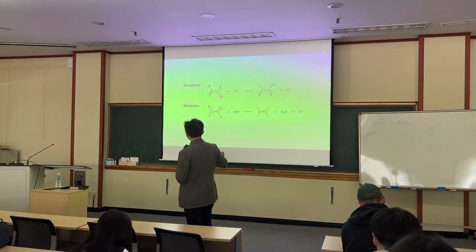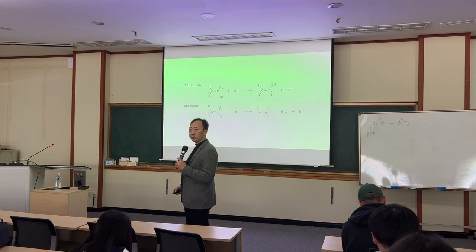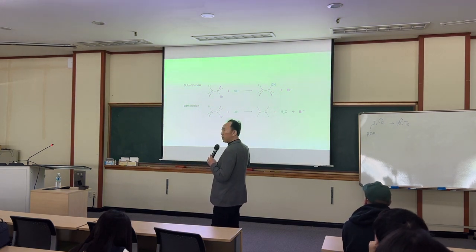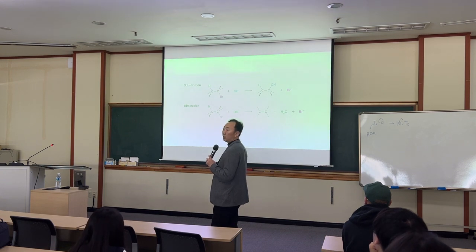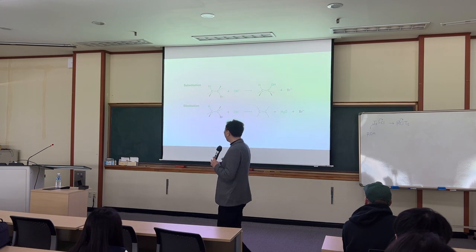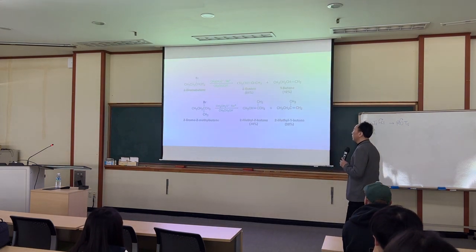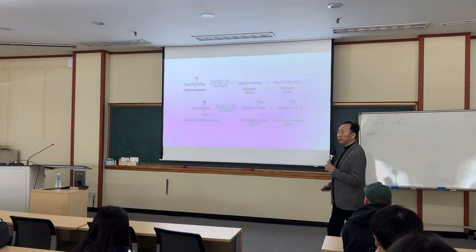If that electron-rich motif attacks here from behind and pushes this out, it's an SN2 reaction. If that nucleophile attacks here, all of a sudden it acts as a base because it took a proton, and pushes in the same direction. Then it's an E2 reaction.